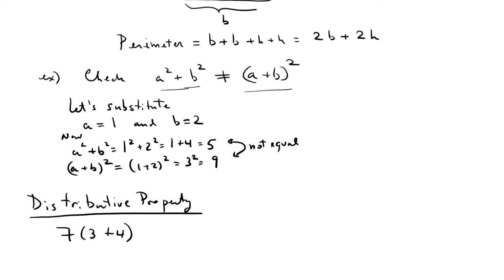Well, you have to remember, if you have something like 7 times, that's a multiplication, because I didn't write anything down in between the 7 and the bracket. 7 times 3 plus 4, that's really the same thing as 7 times 3 plus 7 times 4. So in general, if you've got A times B plus C, the distributive property says that this is the same as AB plus AC.